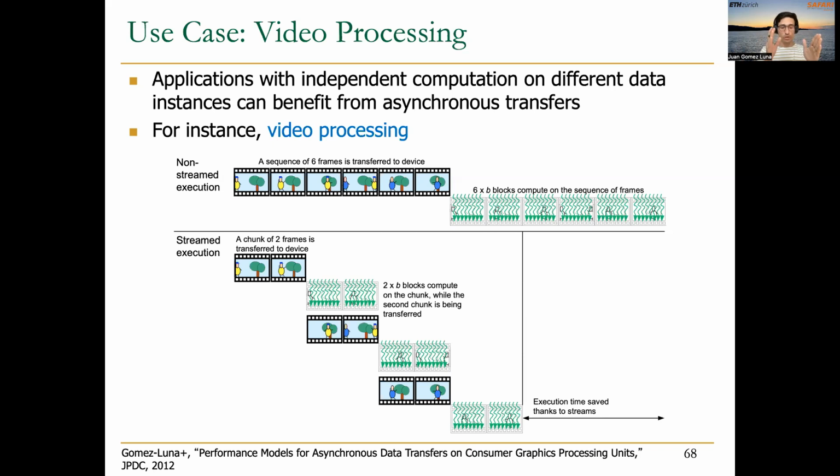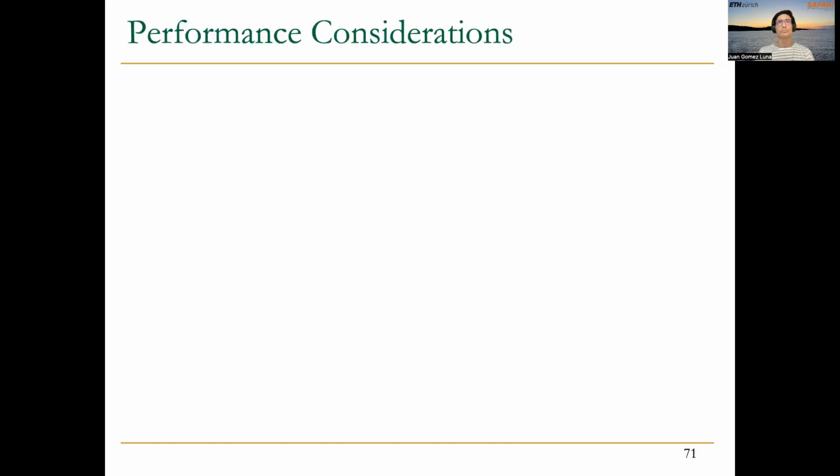So we send consecutive chunks of frames to the GPU. We start operating on those chunks of frames while we are performing the data transfer, moving later frames to the GPU memory. In the end, we can save a significant amount of execution time. You can see more details about this example in the longer version of this lecture.